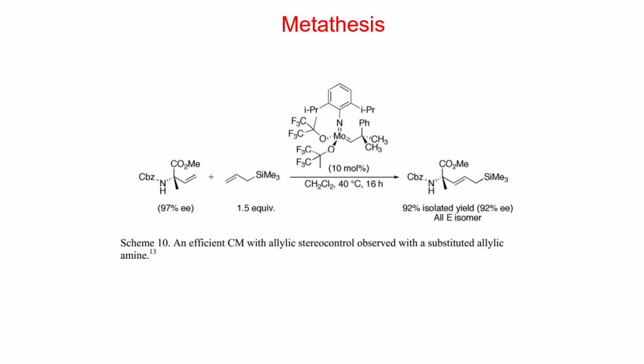This is an example of cross metathesis with allylic stereo control by the allylic amine. So this allylic amine, here we have seen with 97% enantiomeric excess product they have started with that particular amine, and with this silicon-based unit using for the other parts.